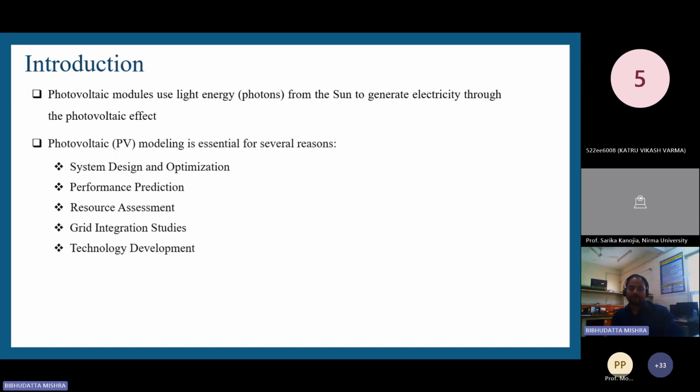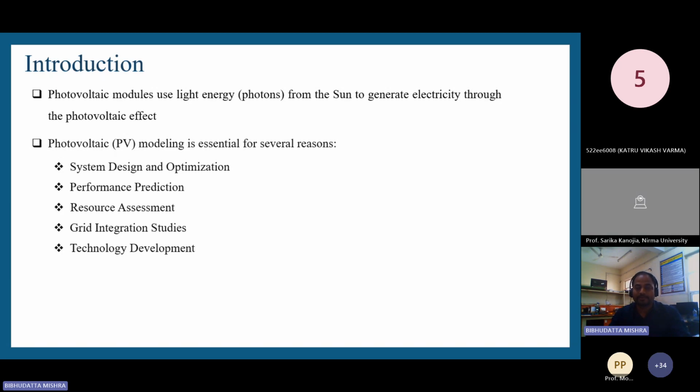As you know, photovoltaic modules make use of the light energy, the photons from the sun, to generate electricity through the photovoltaic effect. The basic operation lies on the principle that when a photon hits a PV cell or a PV panel, it has enough energy to knock out an electron, allowing it to flow freely. All the PV cells have two layers. One is positively charged and another is negatively charged.